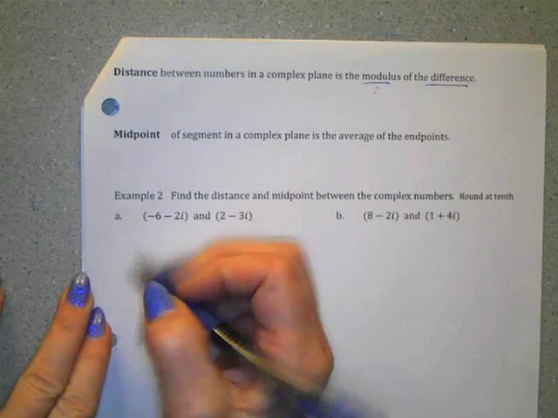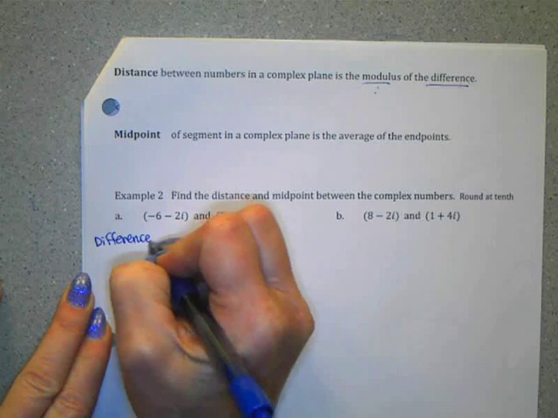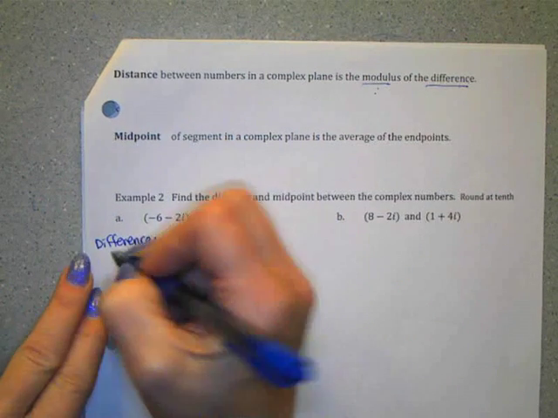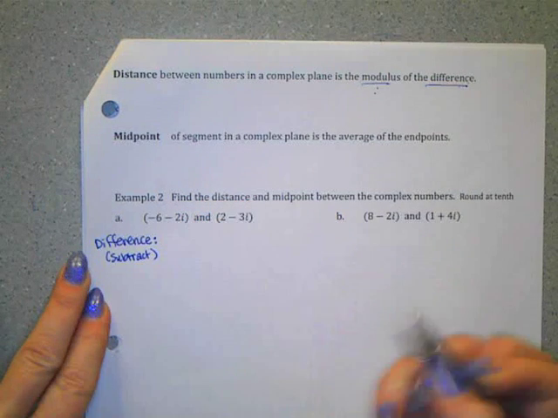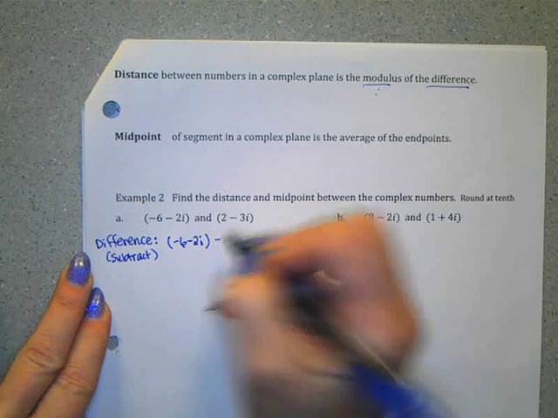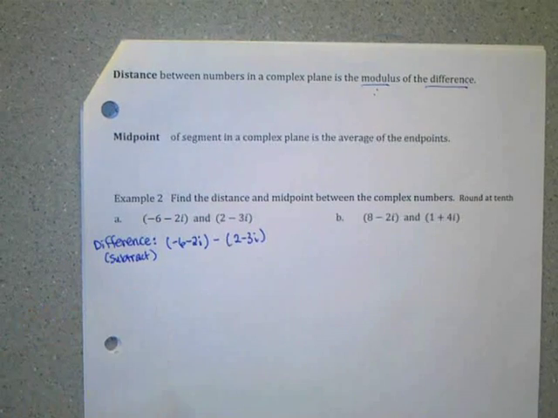So the first thing that I need to do is find the difference between these two complex numbers. Difference meaning subtract, right? So if I have a complex number of negative 6 minus 2i, and they want me to subtract 2 minus 3i, I'm just subtracting them.